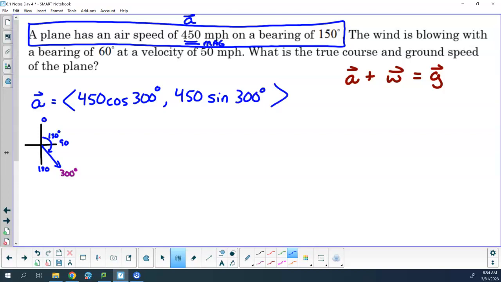Now, the nice thing is that because we're going to be using these a lot, we don't want to round until we have to round. So what is the cosine at 300 degrees?